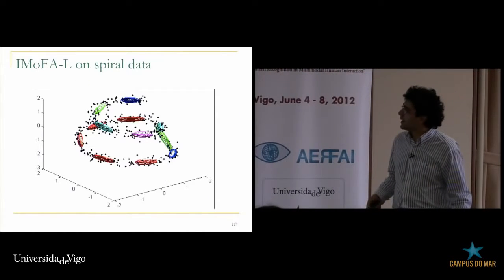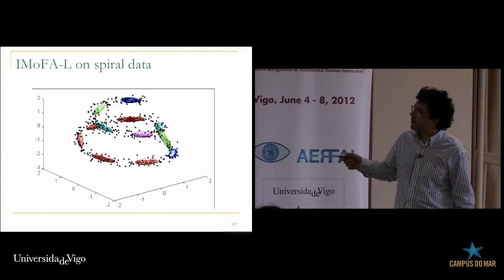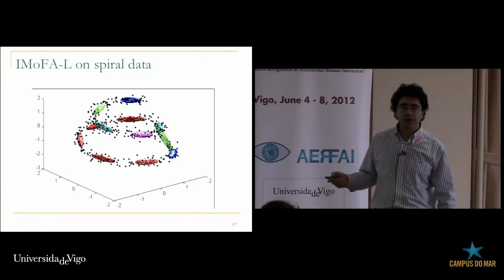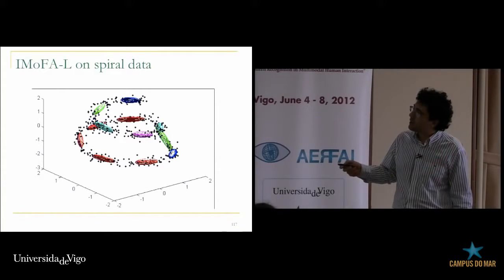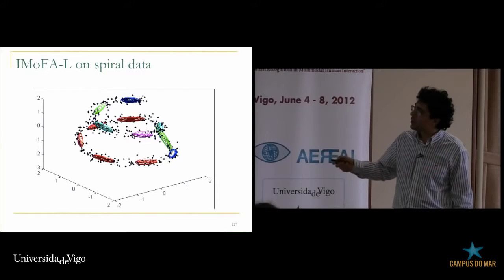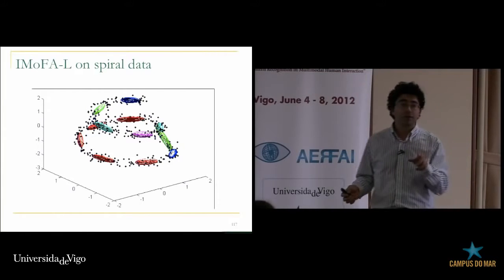I'll skip the factor addition, but here's, for instance, an example. This is the UIDA spiral data, and if I run the factor analysis model, it will basically fit mostly three-dimensional manifolds in a small neighborhood. So it will actually model this distribution piecewise.